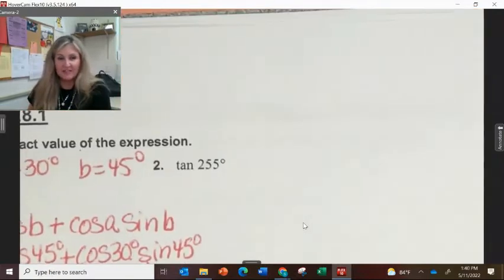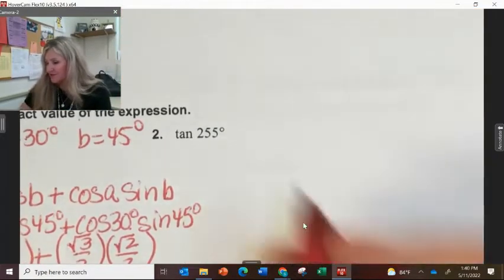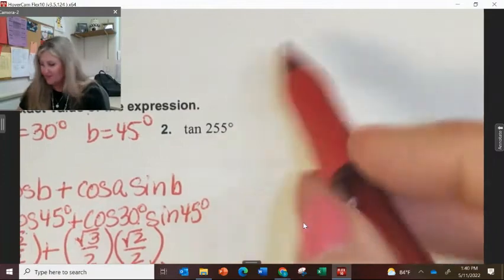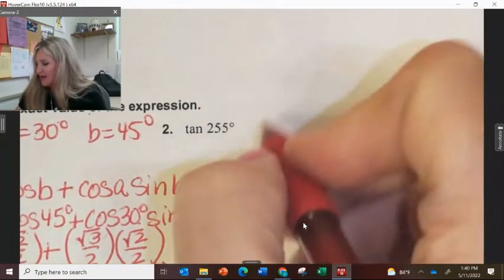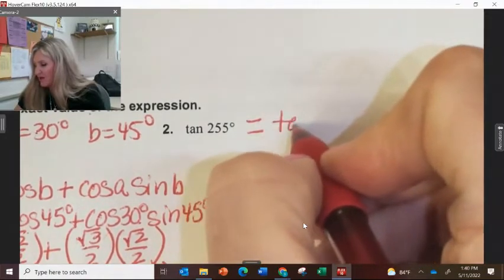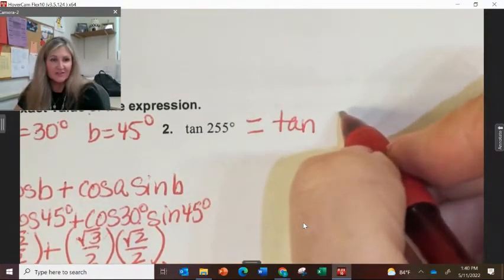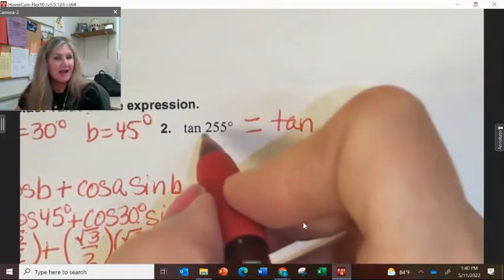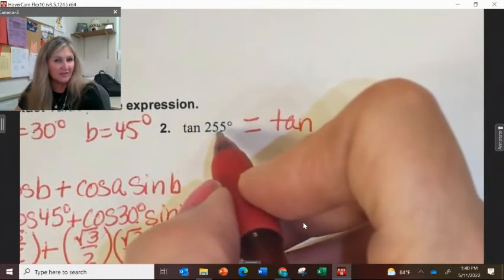We're not going to do every single one of these, but I'll do a couple more, so let's talk about tangent of 255. I don't know the tangent of 255 because it's not on our list of special values.